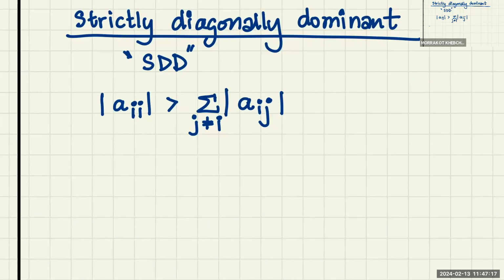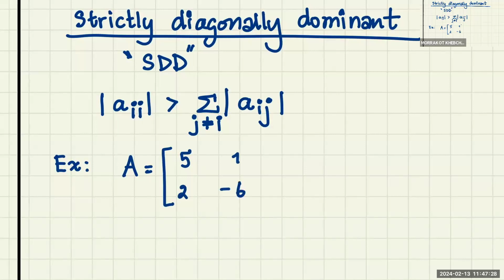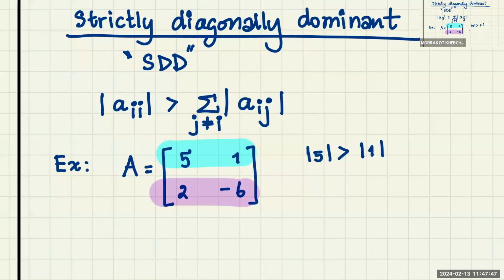I give you an example of the strictly diagonally dominant. Now, if I look at my first row, I will get that the absolute value of 1 is greater than 1. If I look at the second row, I have the absolute value of -6 greater than 2. So this matrix is SDD.